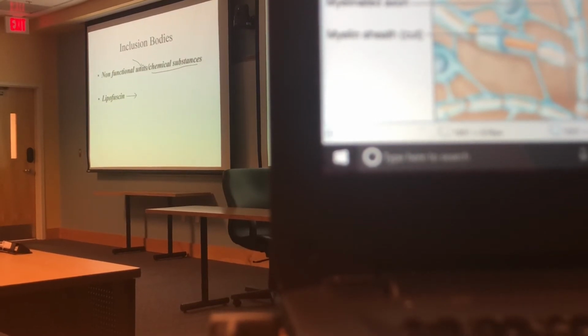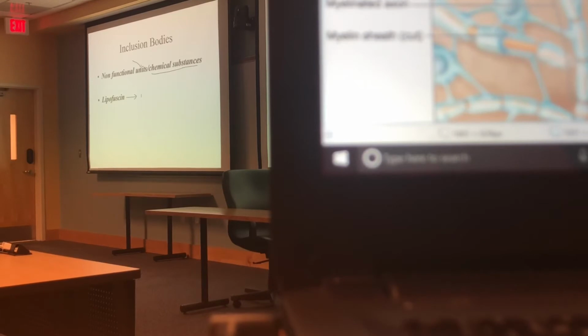This is an inclusion body that accumulates as you increase in age. The older you get, over time you accumulate lipofuscin. It's a telltale characteristic of older folks. If you observe a neuron with a good amount of lipofuscin, most likely it is from an older individual.